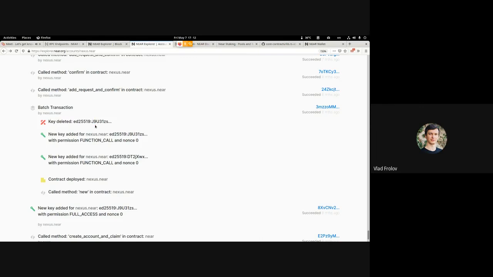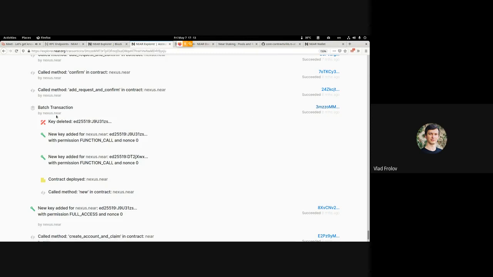If you have a full access key on the account, you can't really claim that your account is protected by 2FA because you can always submit transactions without 2FA. So it deletes the full access key, re-adds the old key, adds a new key for wallet, deploys a multisig contract to its own account, and calls the new method in it.